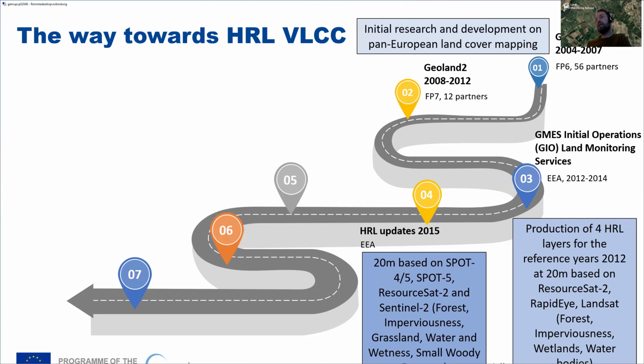Grassland was added. Water and wetness was kind of joined together to one layer with slightly different specs, and a new layer was added to the family called small woody features, which was more on VHR data, mapping on VHR data.